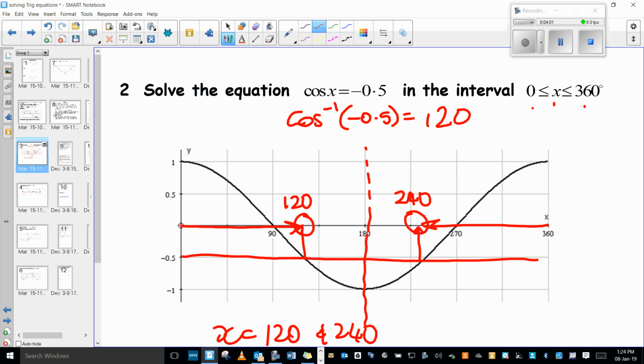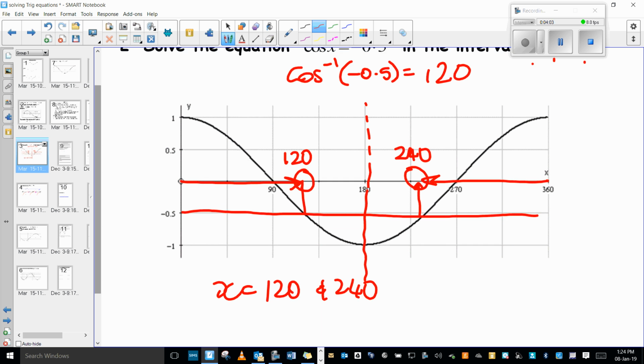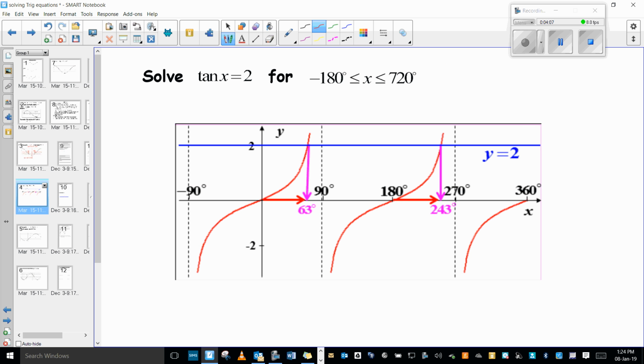That's fine for this one. This one is different. So we're looking at a different interval range, which means that we need to think a little bit more carefully about our answers. Whilst I often say don't worry too much about this extra technical information, for these kinds of questions it is important.